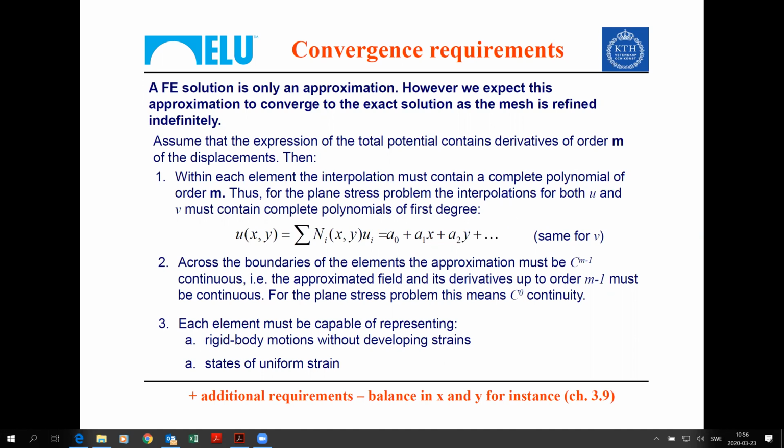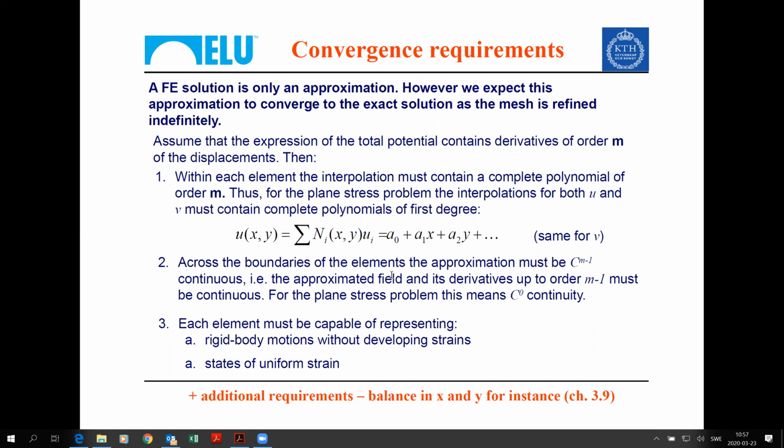For the plane stress problem, as well as for the plane strain problem, this means that the interpolation for both u and v must contain a complete polynomial of first degree. By a complete polynomial, I mean a0 plus a1 of x plus a2 of y. That is complete in both x and y. These are all the first order terms in a polynomial in x and y. Of course, the same is valid for v.